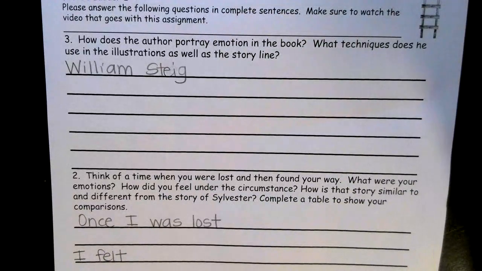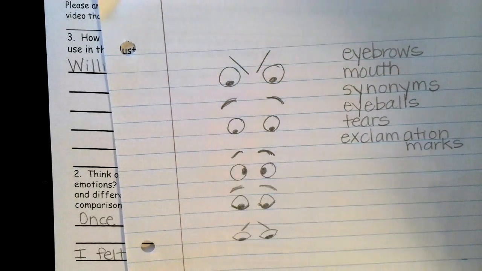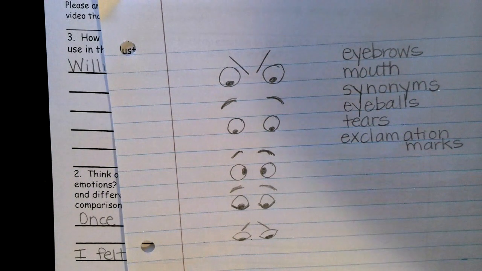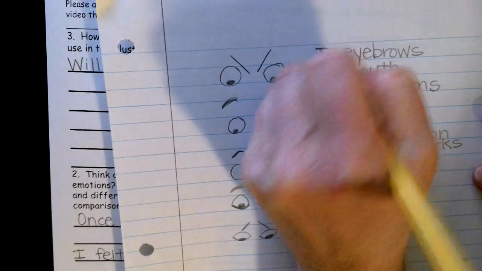Okay, William Steig. Well, he shows emotion in the illustrations with, remember what we wrote down, the way that he draws the eyebrows and the mouths. So this, I'm going to put an I because that has to do with illustrations.